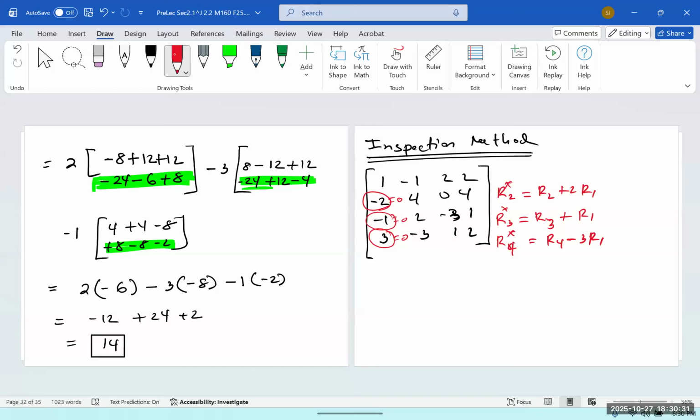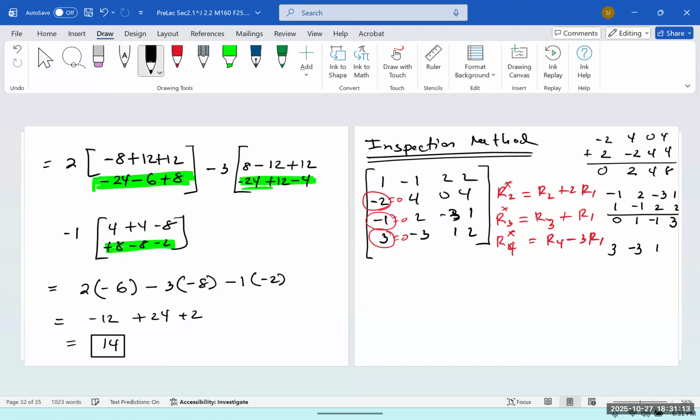Now the left part. Okay, let me do it on the side. Row 2 is negative 2, 4, 0, 4. 2 times row 1 is 2, negative 2, 4, 4. When we add, we get 0, 2, 4, 8. Then row 3 is negative 1, 2, negative 3, 1. And if you add row 1, 1, negative 1, 2, 2, we get 0, 1, negative 1, 3. Then row 4 is 3, negative 3, 1, 2.